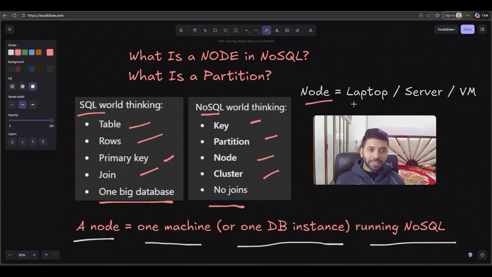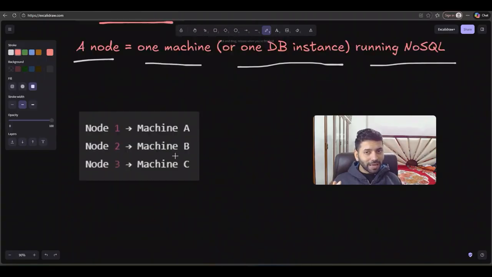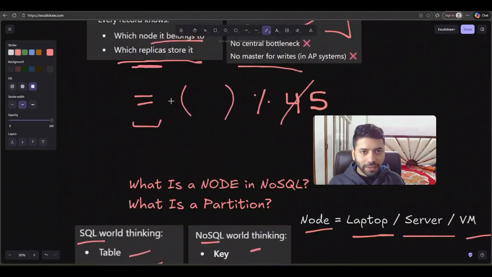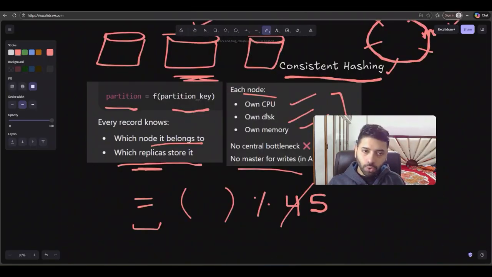A node can be your laptop, a server, or a virtual machine. So we can represent it as node 1 machine A, node 2 machine B, node 3 machine C. Each node represents a different machine, and together they form a cluster. And as we discussed earlier, each node will have its own CPU, own disk, and own memory.